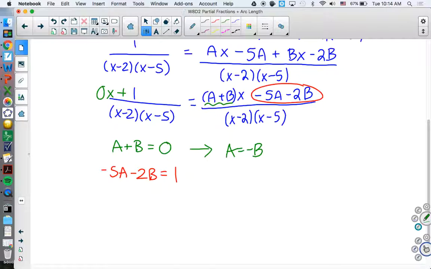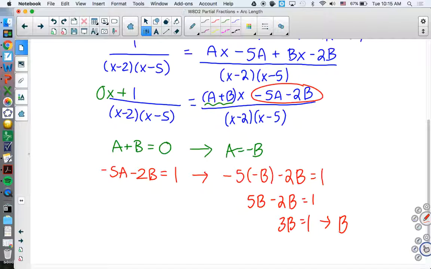And then I'm going to input that into the other equation. So I'm substituting in a in terms of b. So now I have an equation all in terms of b. We get 5b minus 2b equals 1. So 3b equals 1, and that means b has to equal 1/3. What is a then? Negative 1/3.